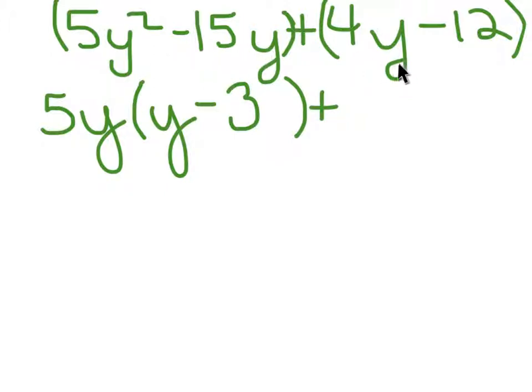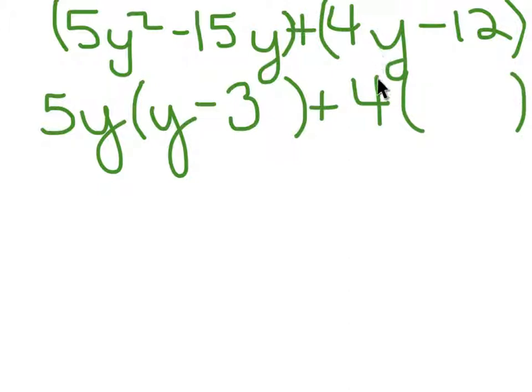So now we're going to move on to this second group and try to factor this. 4y minus 12, their common factor is 3. I'm sorry, not 3, 4. Okay, and then once we take out their greatest common factor, we have to divide, right, to find what's left inside the parentheses.